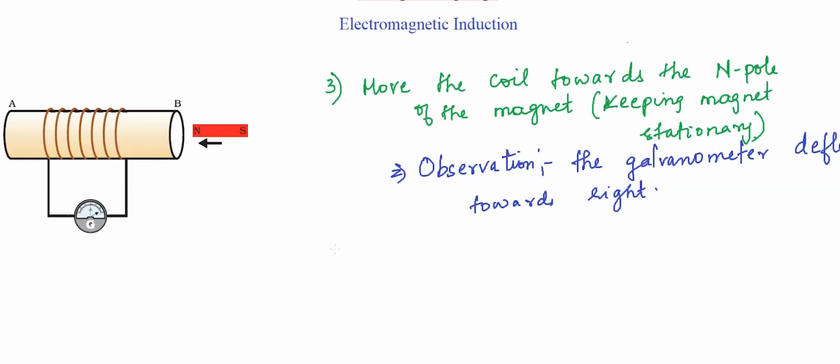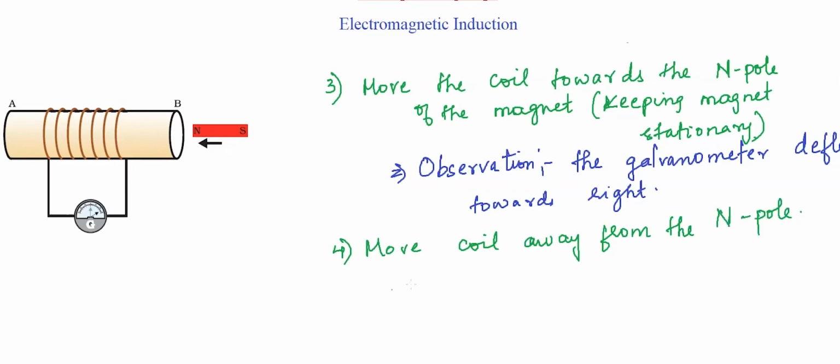As a fourth experiment, we move the coil away from the north pole, this time also keeping the magnet stationary, that means the magnet is at rest.